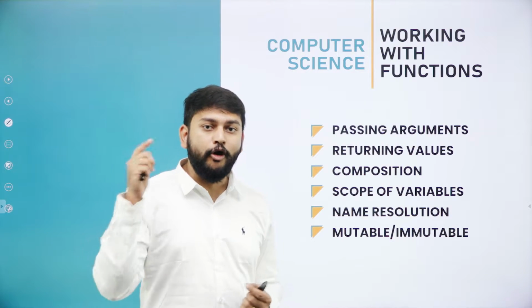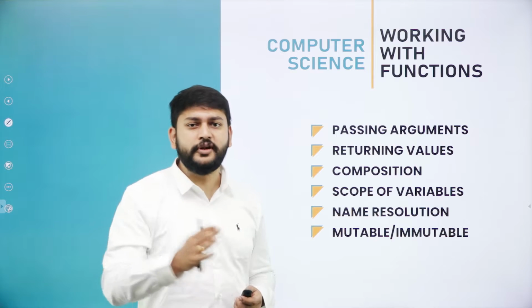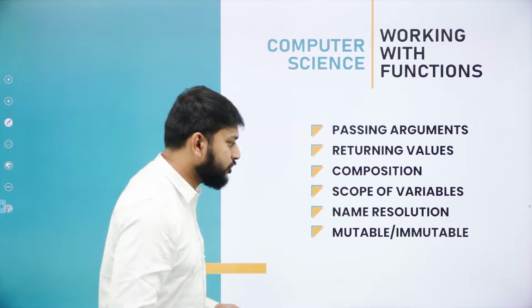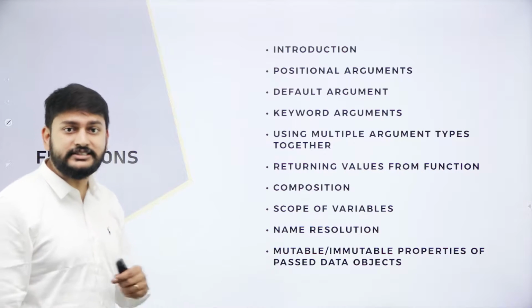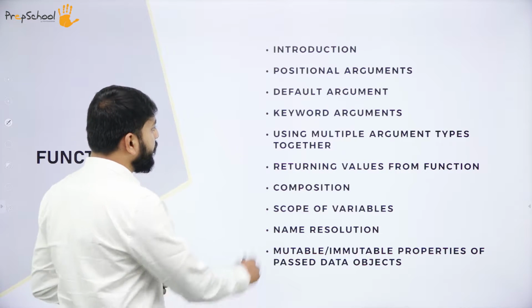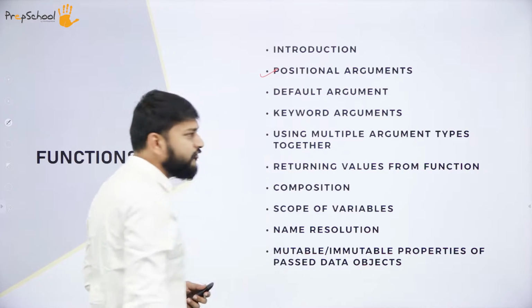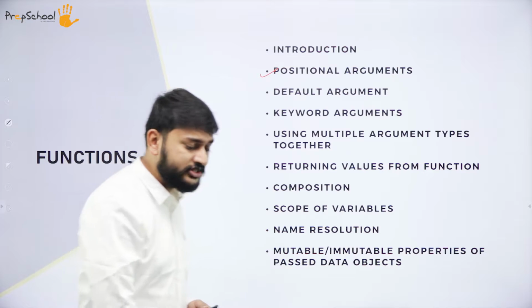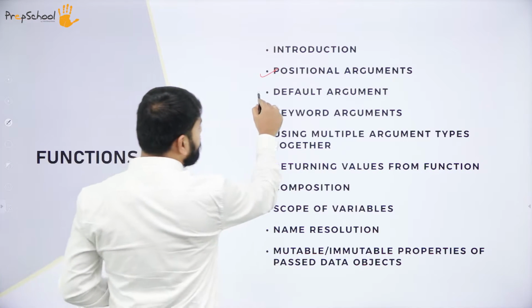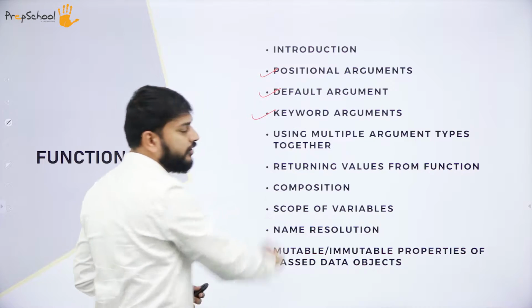I welcome all of you to the next topics in session 2 with respect to working with functions. It's very important to understand the positional arguments. In the last session I discussed different types of arguments: positional arguments, default arguments and keyword arguments.